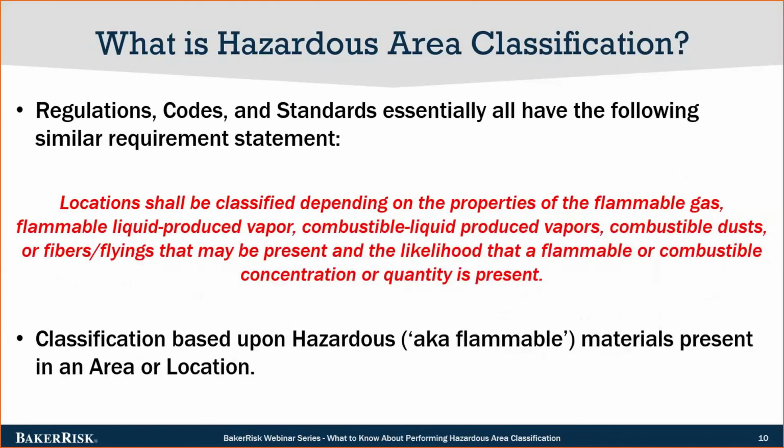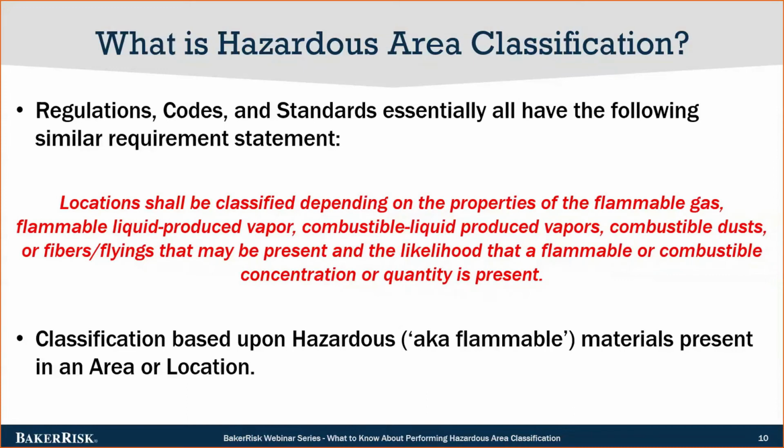As I mentioned, there are a number of regulations, codes, and standards that essentially have similar requirements. The text in red is an extract from one of these. And it's very important because what it states is locations shall be classified depending on the properties of the flammable gas, flammable liquid produced vapor, combustible liquid produced vapors, combustible dust, combustible or ignitable flyings that may be present, and the likelihood that a flammable or combustible concentration or quantity is present.